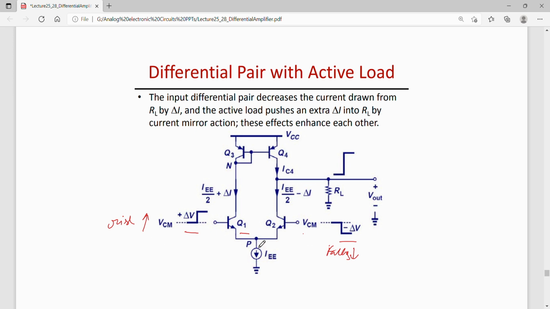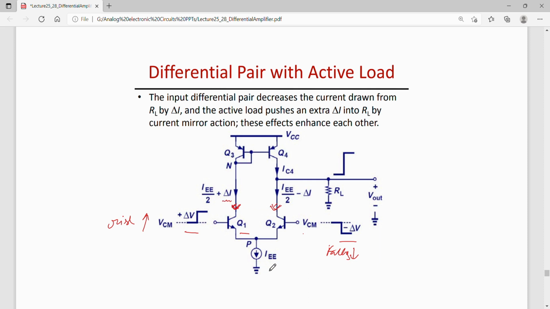So this is my change in the input signal. My load should respond to this change in the input signal if it has to be active. Since this is an active load, the currents on Q1 and Q2 will also change by the same amount, let us say delta I.